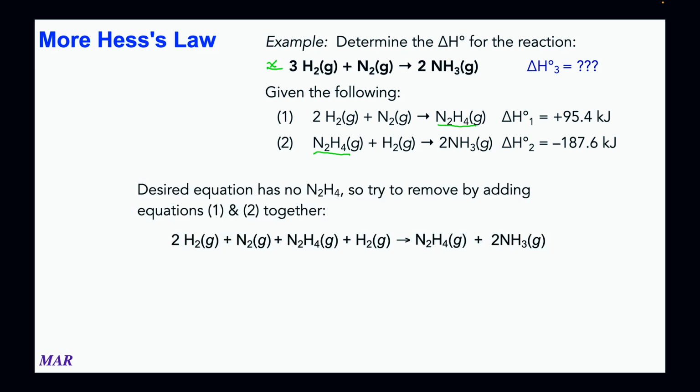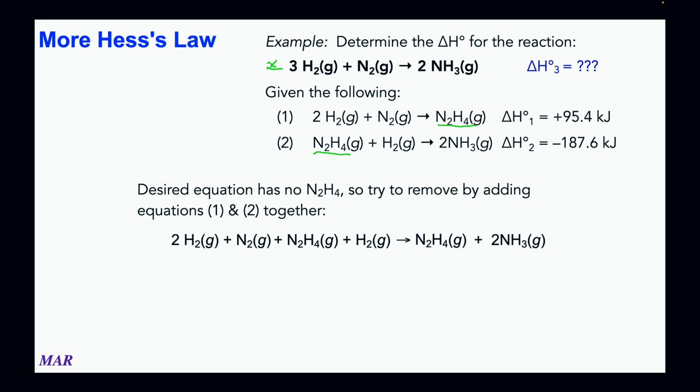So what we'll do is, we don't want any N2H4 in our final equation, so let's just add equations 1 and 2 together. What I'm showing right here is all reactants and all products, and you can see it's kind of messy, but there's 2H2 and N2 plus the N2H4 and H2 of equation 2, and on the product side you have N2H4 from equation 1 plus 2NH3 from equation 2.